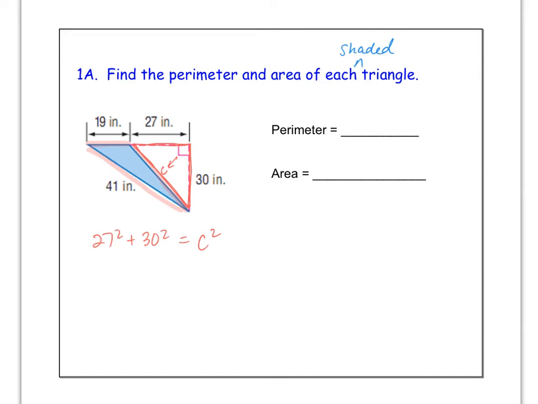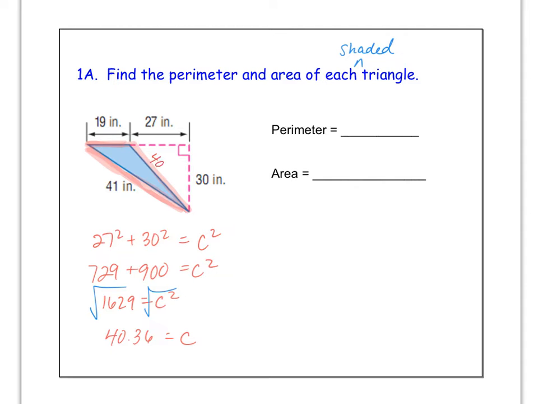So 27 squared is 729, 30 squared is 900, add them, it's 1629 equals c squared, and then take the square root, and the square root of 1,629 is 40.36. Let's put that on our picture. So this is 40.36.